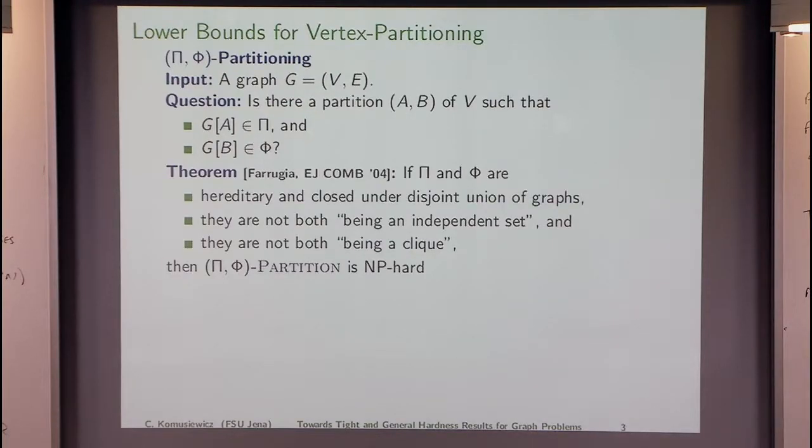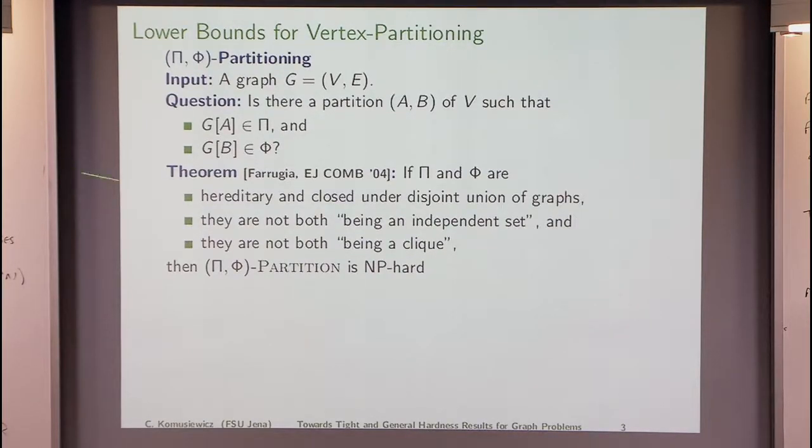And there's this nice result that if the two properties are hereditary, so closed under deleting vertices, and also closed under disjoint union of graphs, and they are not both being an independent set, and they are not both being a clique, then the problem is NP-hard. Right?